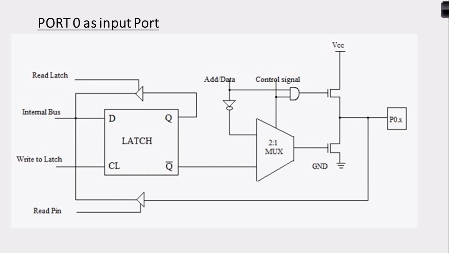Now if you look at this, port 0 is basically used for our input output port operation as well as our address bus operation. The same port, that means port 0, will be used as address bus as well as data bus.